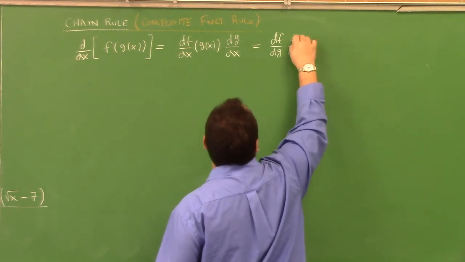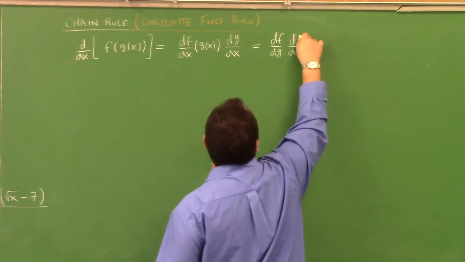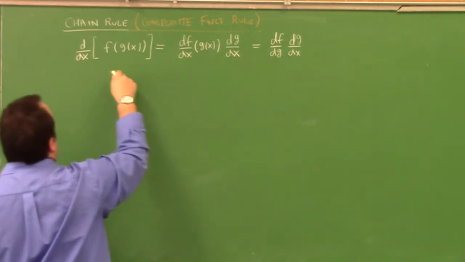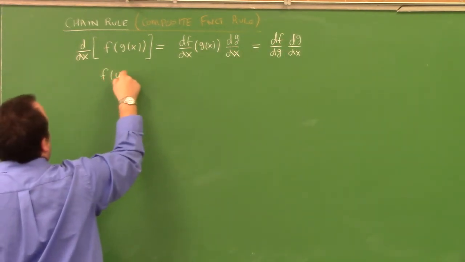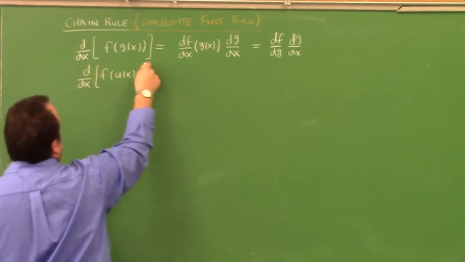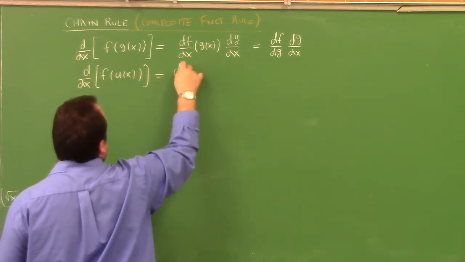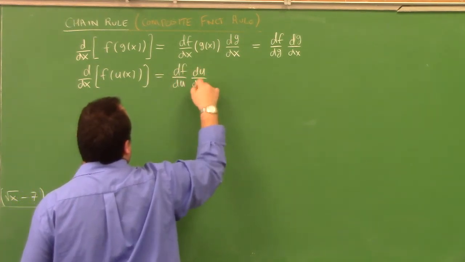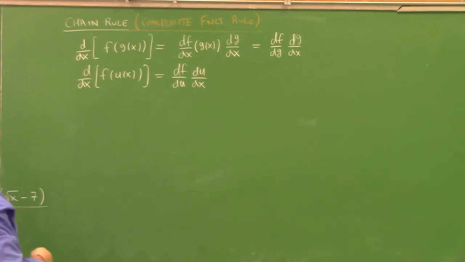That's a notation which is sometimes used. Oftentimes you see this with the letter u, so like f of u of x is df/du times du/dx. You see that a lot. A lot of people like to use u for the inside function here.